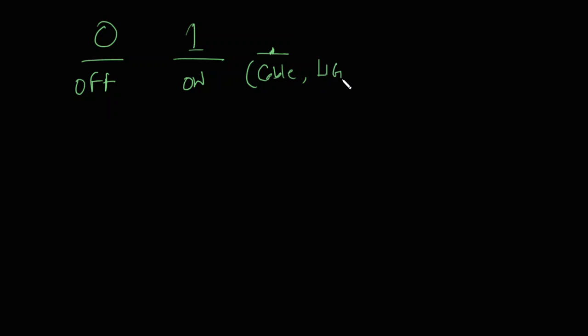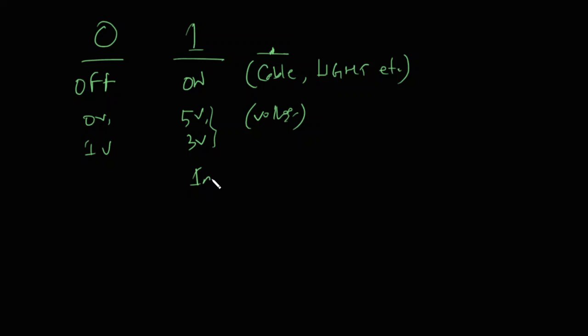It can be a light, etc. It can be a voltage. It can be 5 volt against 0 volt. It can be 3 volt against 1 volt. Whatever level has been fixed inside the computer. So this can be a voltage. It can be a current, 1 milliampere, 0 milliampere.